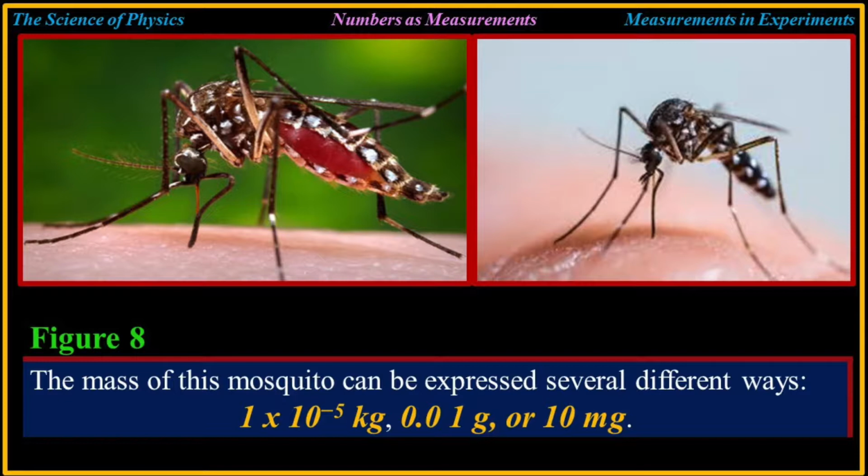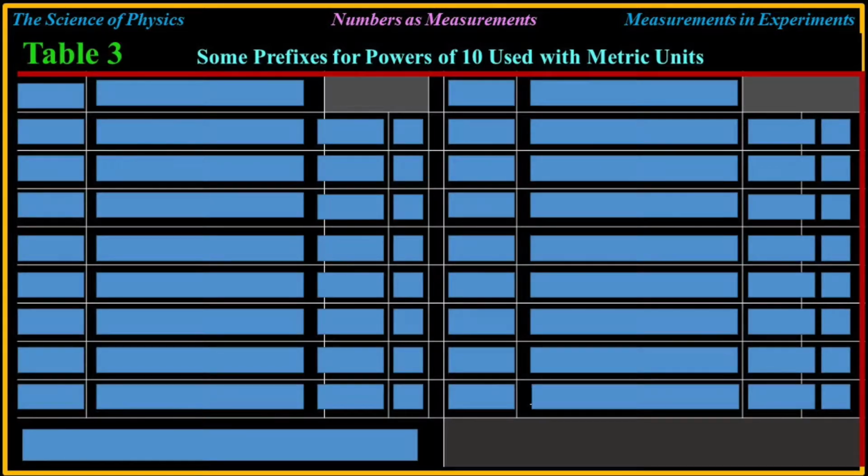Here's a mosquito, 1 times 10 to the negative 5 kilograms, or 0.01 grams, or 10 milligrams. Very ugly too, and could be, depending upon where you are and what it's carrying, deadly.